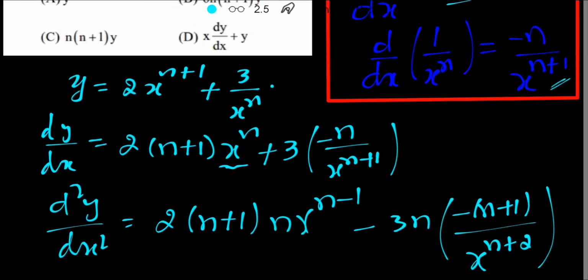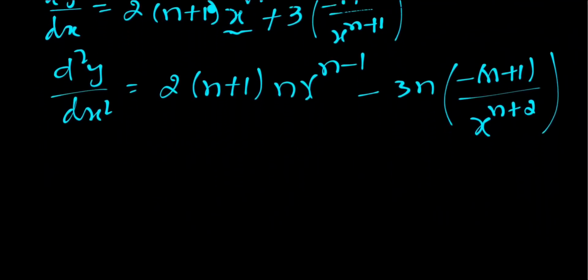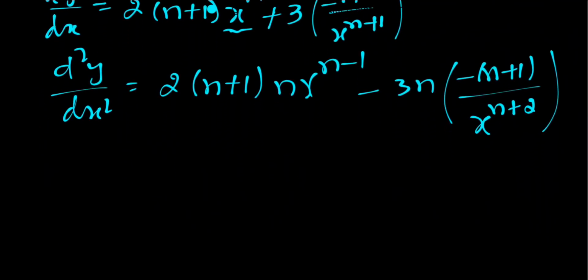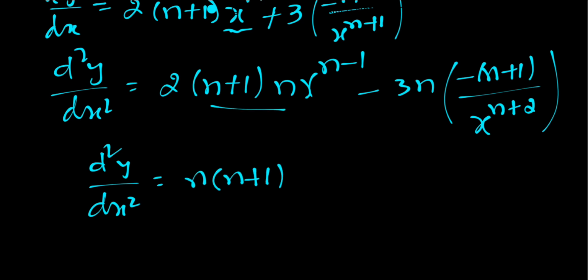So next simplification we have to make here. d square y by dx square is equal to, what is the common value here? n into n plus 1 is the common. So the remaining value is 2 into x power n minus 1 plus 3 by x power n plus 2.